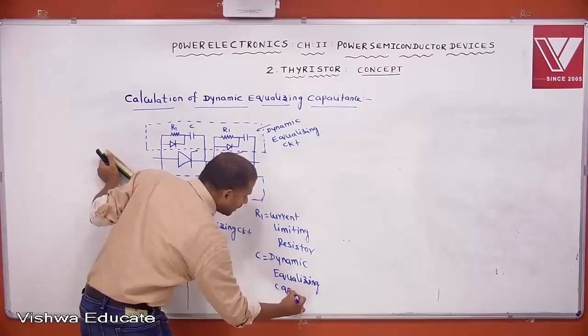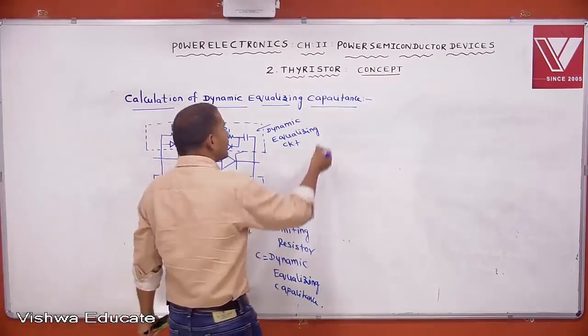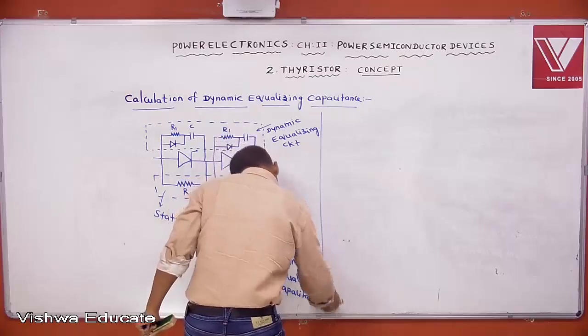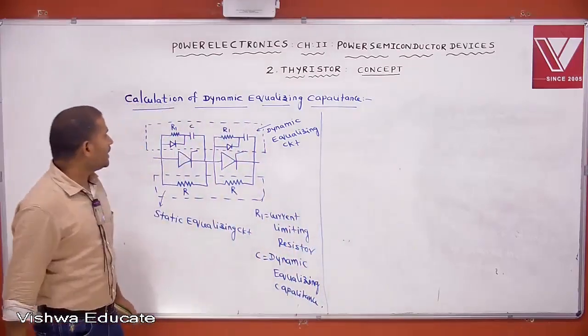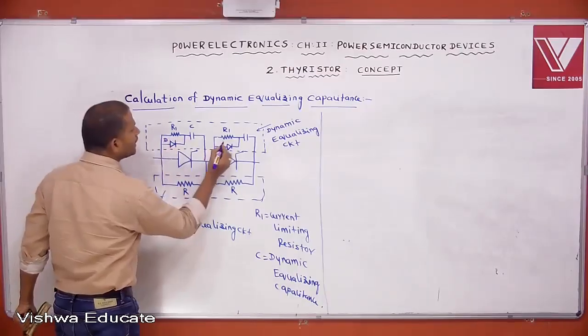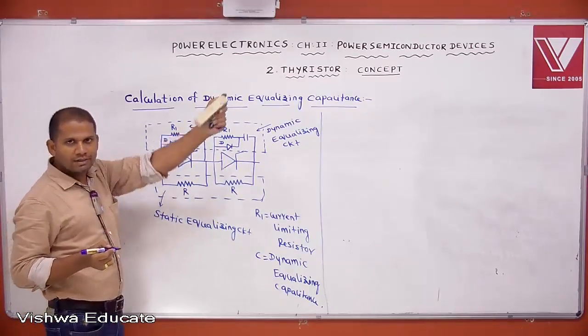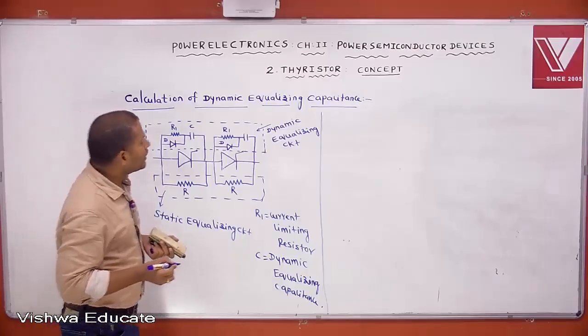I want to calculate this. To calculate the dynamic equalizing capacitance, this diode is connected. What is the purpose of connecting that diode? I already explained: to bypass the resistor during charging of the capacitor.